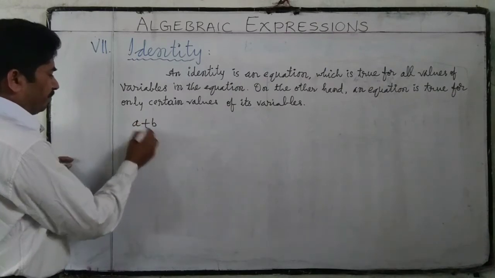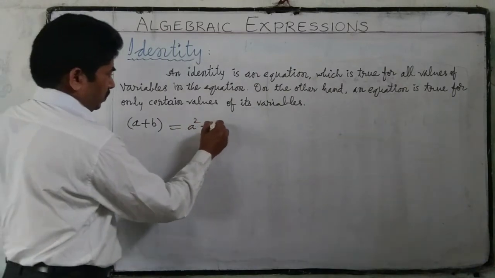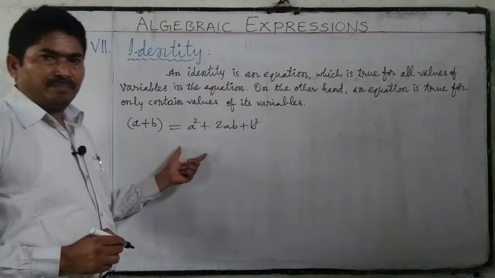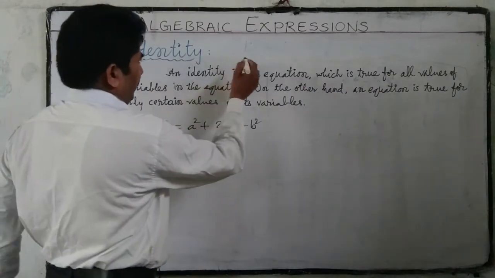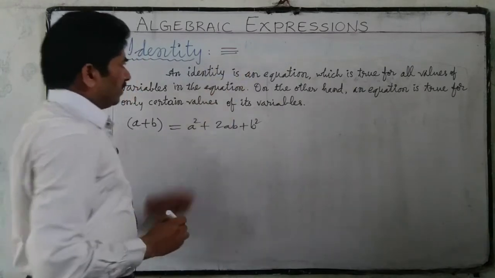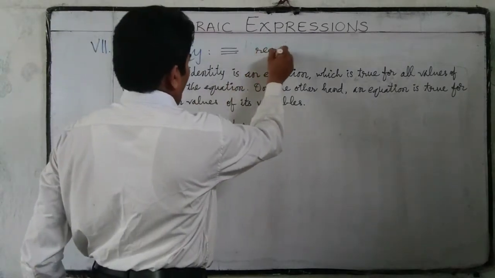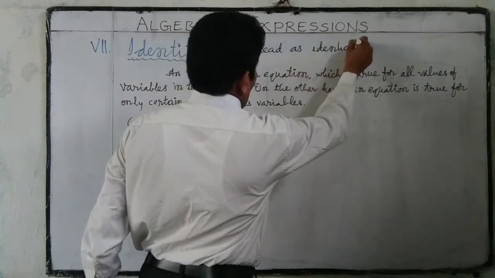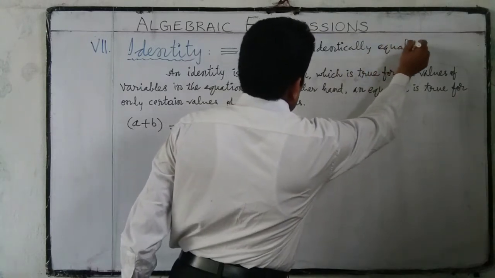a plus b whole square is equal to a square plus 2ab plus b square. This is an equation and also an identity. We use a symbol for identity, read as identically equal to.